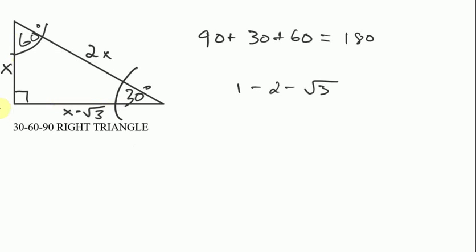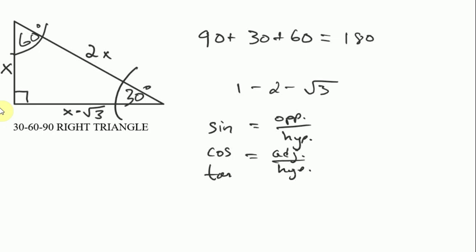Now, this 30, 60, 90 right triangle gives us some important identities. So if we think about sine, cosine, and tangent, you know that sine is equal to opposite over hypotenuse. Cosine is equal to adjacent over hypotenuse. And tangent is equal to opposite over adjacent.